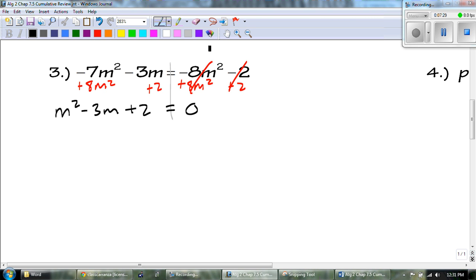Okay, so there's no GCF. I'm looking for numbers that multiply to get to 2, but add to get to negative 3. What are those going to be? Yeah, it's just negative 1 and negative 2. Okay, remember that it has to work in both cases.